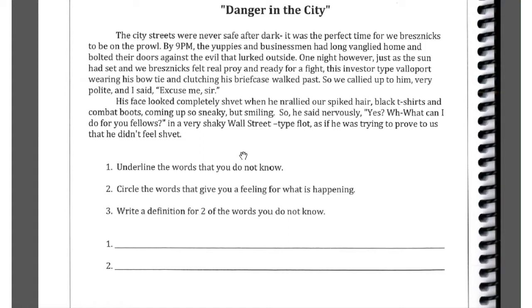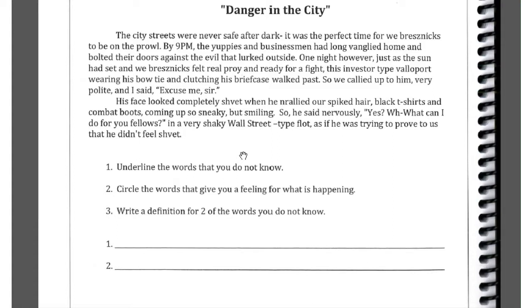By 9 p.m., the yuppies and businessmen had long vanguard home and bolted their doors against the evil that lurked outside. One night, however, just as the sun had set and we Bresniks felt real proy and ready for a fight, this investor type, Valport, wearing his bow tie and clutching his briefcase, walked past.